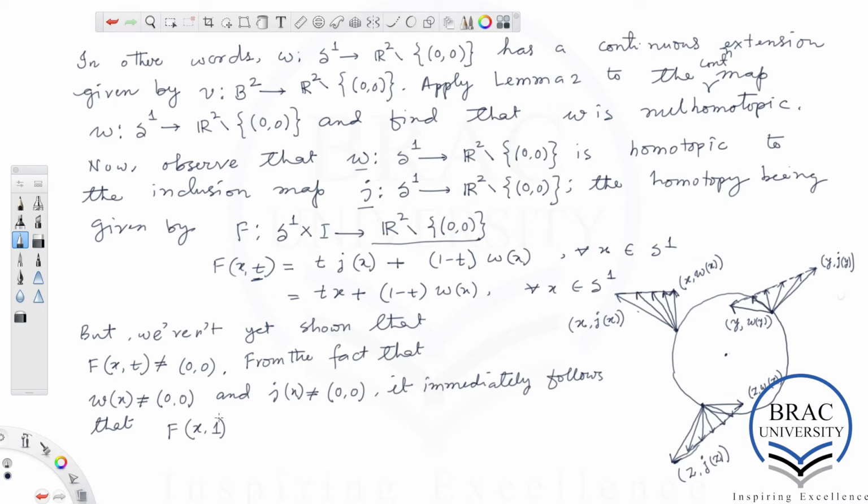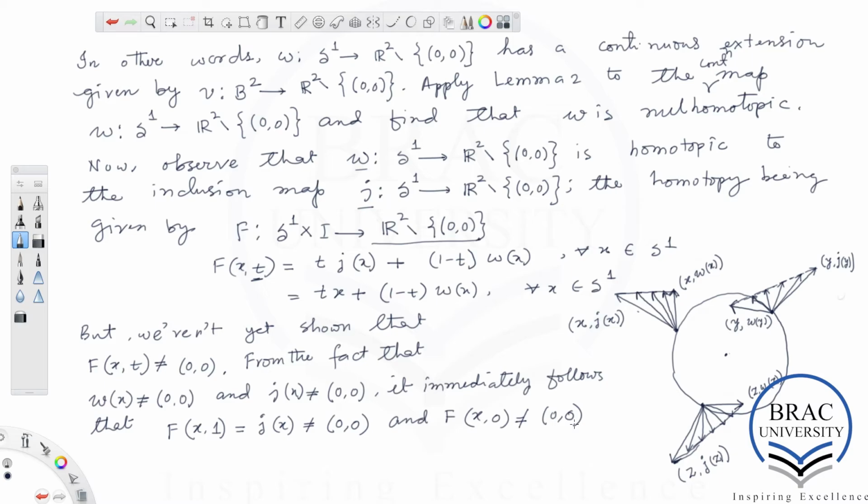This goes away. So this is simply j of x. So f of (x, 1) is not equal to (0, 0). And similarly for f of (x, 0), if you plug in 0 here, then this goes away and you just have w of x. And this is also not equal to (0, 0). Okay.